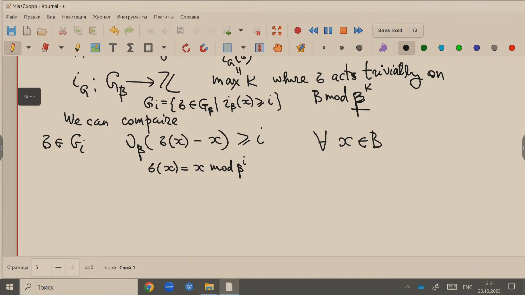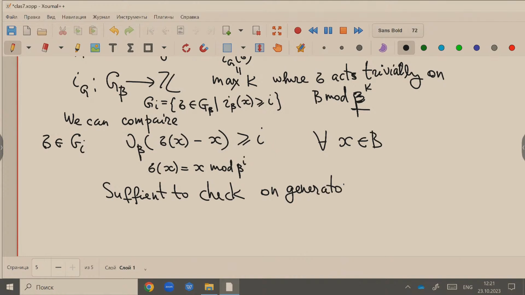But it is sufficient because you have a discrete valuation ring, so it is sufficient to check on generators. This property is sufficient to be checked on generators because phi is a homomorphism.